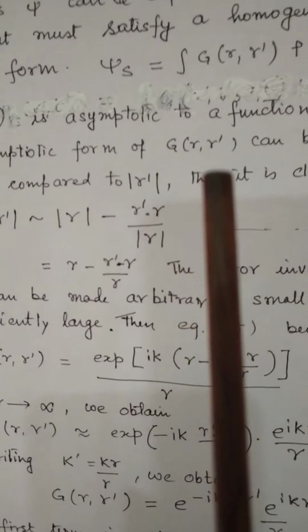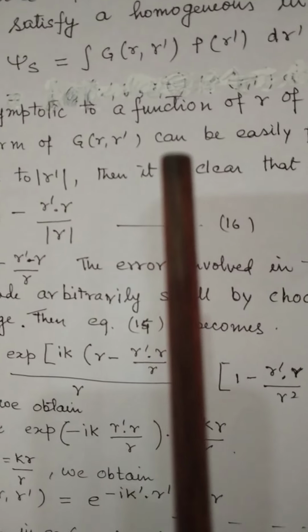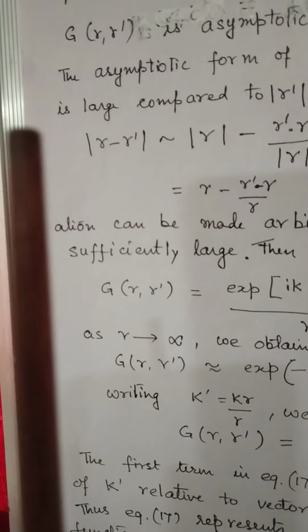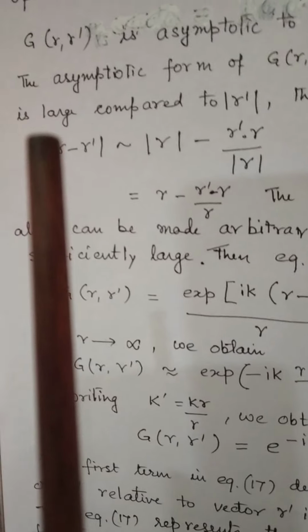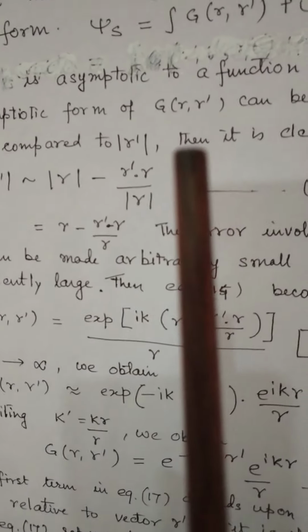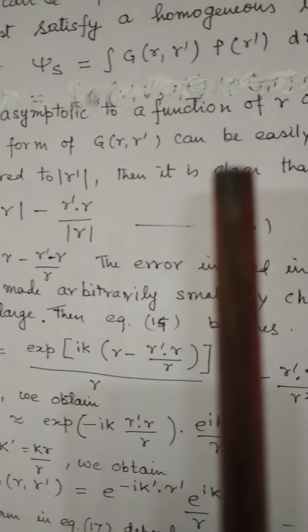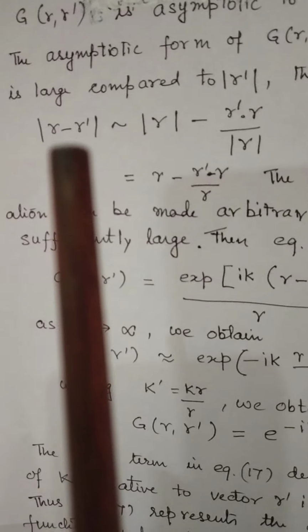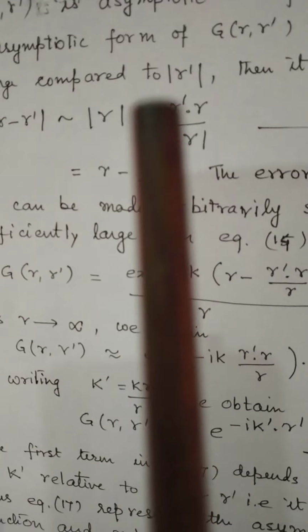The asymptotic form of g r r dash can be easily found if the absolute value of r is large compared to the absolute value of r dash. Then it is clear that the absolute value of r minus r dash is of the order of the absolute value of r minus r dash dot r upon absolute value of r.